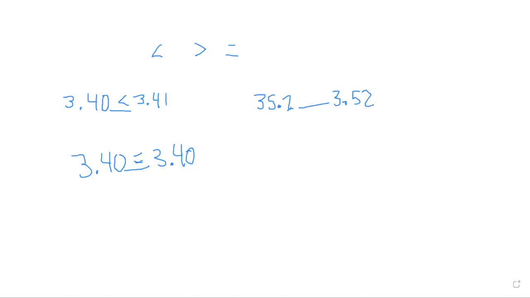Notice right off the bat in my ones, I have a 10 here and I don't have a 10 there. By default, this one's 1. But even if I looked at the ones place, 5 and 3, 5 is greater than 3. So we're really just racking up the ways in which this one wins. So if you have 2 digits to the left of the decimal point versus 1, it's going to win every time.